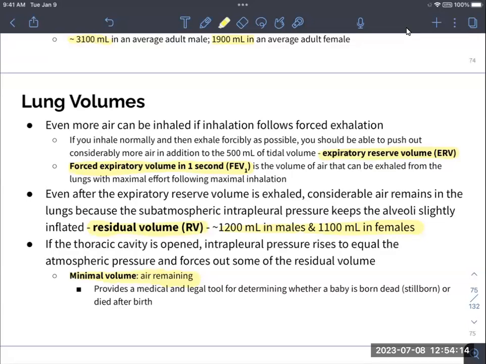They can use this minimal volume to determine when a baby may have died. These are all different measurements that are used to figure this out, because if the baby was stillborn, there would be zero air in the lungs. There'd probably still be fluid in the lung, like fluid in there.